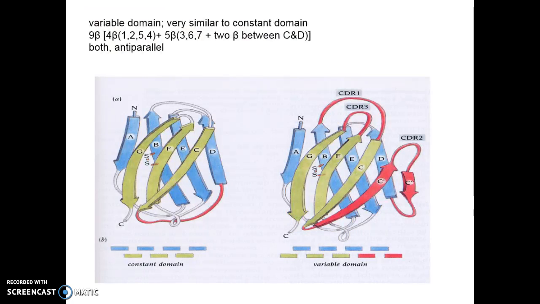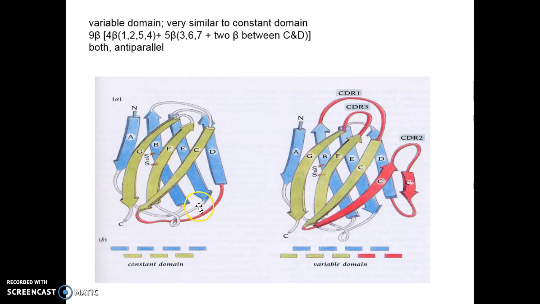The overall structure of the variable domain is very similar to that of the constant domain, but there are 9 beta strands instead of 7. Here you can see the comparison of the structures of constant and variable domains of immunoglobulin.